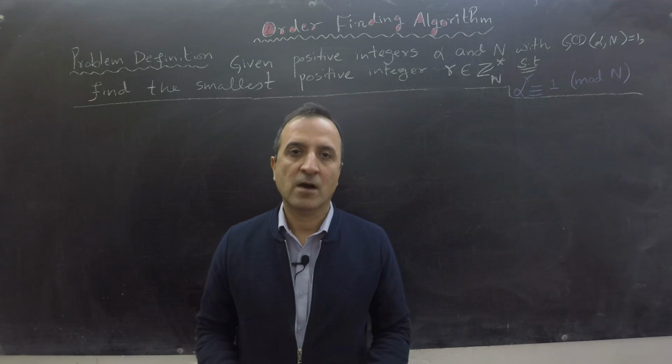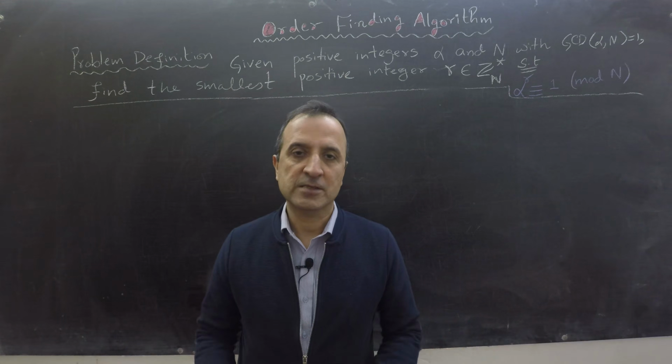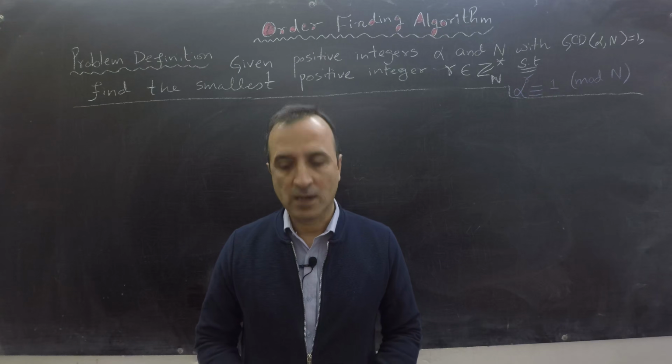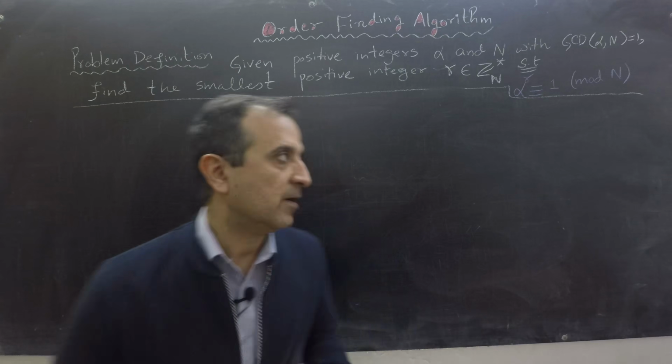We define our special unitary matrix to find order r as M alpha.